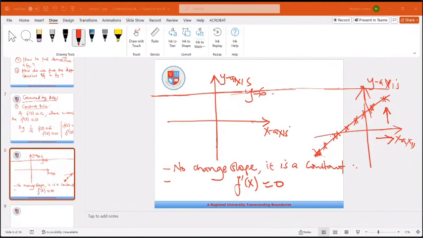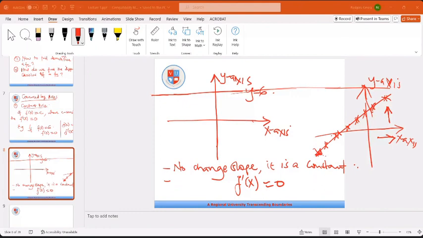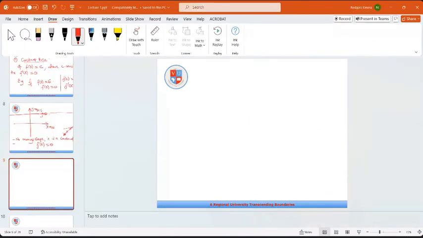So I was still mentioning something about the constant rule, and saying that whenever the constant rule is applied, it shows that the derivative of a function is actually 0.